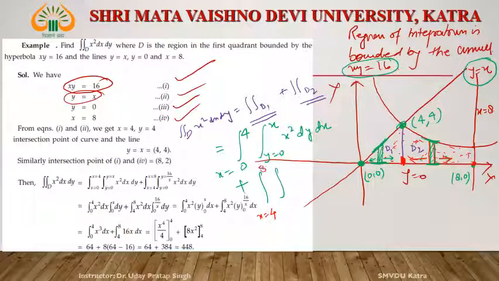The lower portion of this strip lies on the straight line y equal to 0. The upper portion lies on the rectangular hyperbola, so y is equal to 16 by x. So the integrand is x square dy dx.